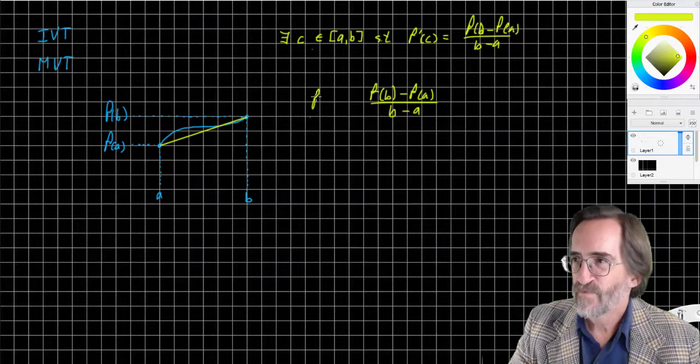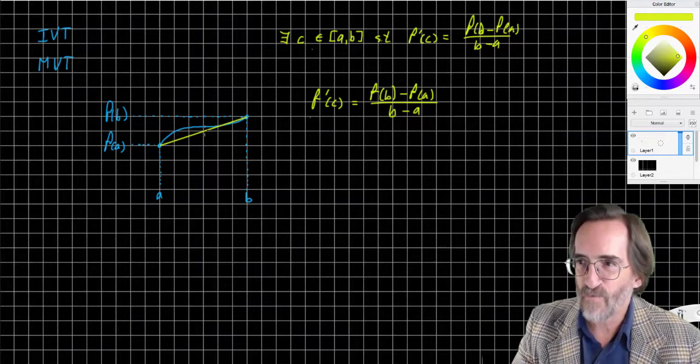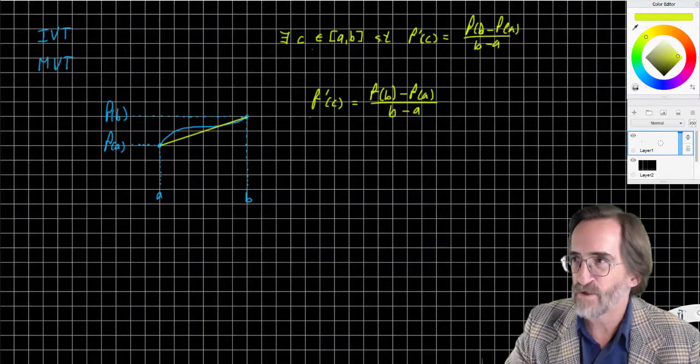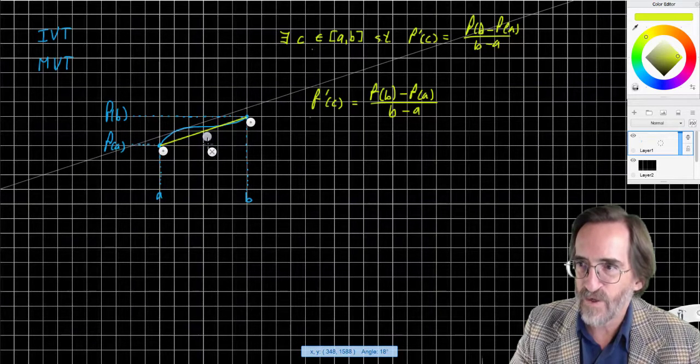In other words, we're saying the derivative at some point on the interval is going to be equal to the slope of the secant. The instantaneous slope somewhere is going to be equal to the slope of the secant, so it's going to be parallel to the secant. Now, the way I've drawn it, it actually occurs twice, but we know that it must occur at least once.